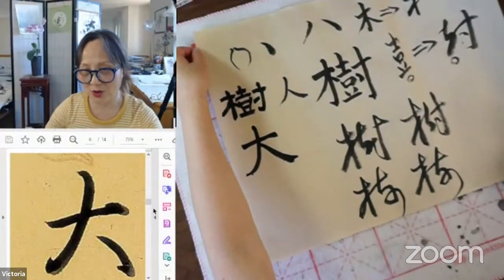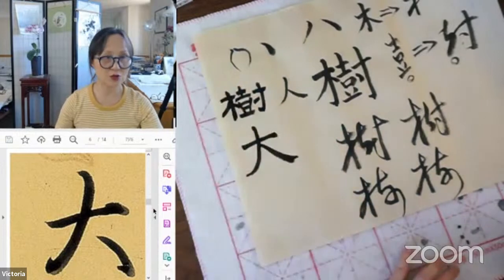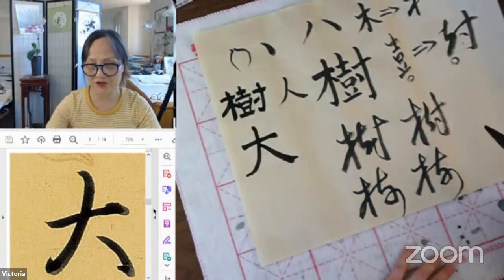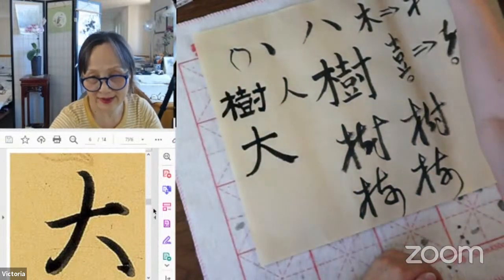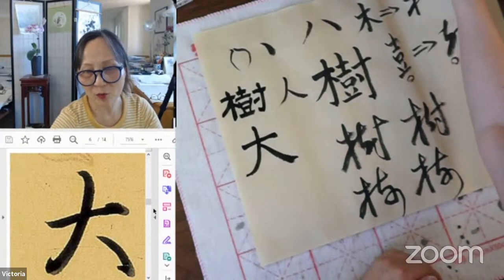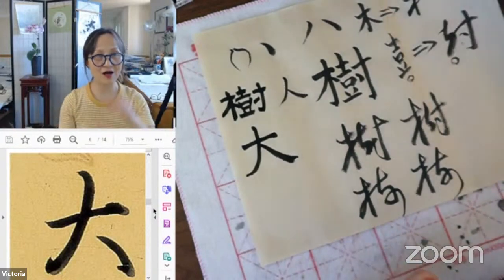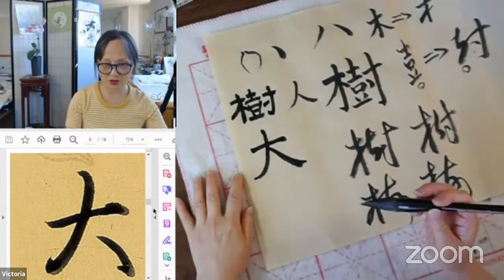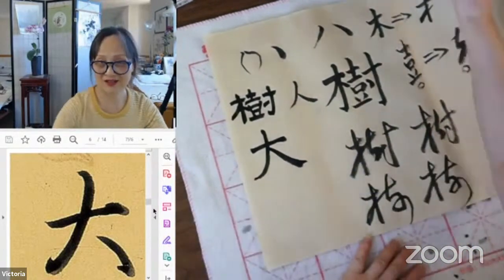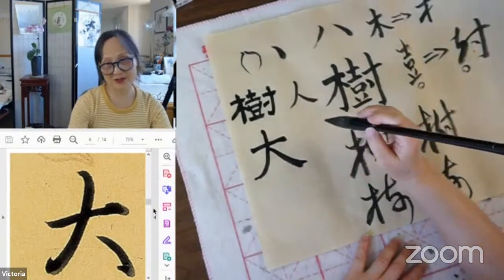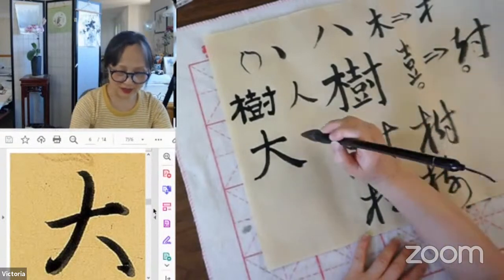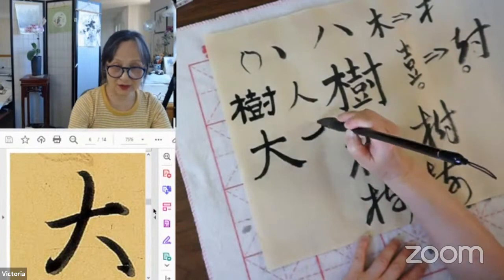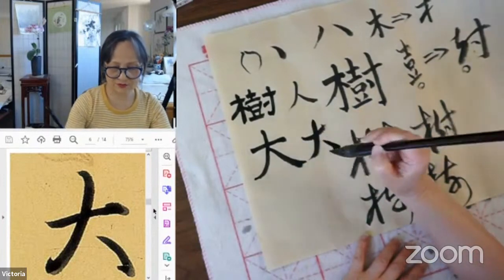It actually shows less pressing and lifting, but shows more dynamic, and is more like hard pen writing, or hard brush or stick writing. Okay, so just a little bit up for that. So very free to do.